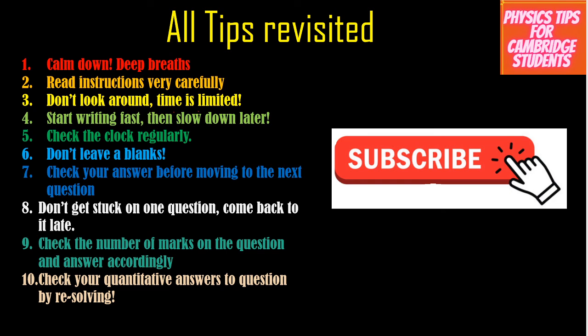Check your answer before moving to the next question. Don't get stuck on one question, come back to it later. Check the number of marks in the question and answer accordingly. And then tip number 10, check your quantitative answers to questions by resolving them.